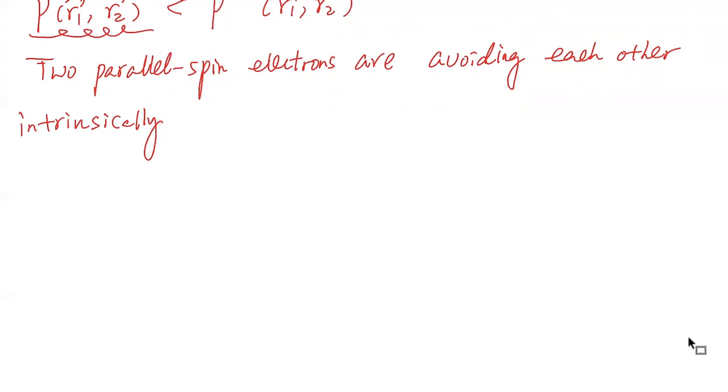However, if these two particles have spin 1/2, and they have one alpha state and one beta state, if you consider two particles with the alpha spin state, they will avoid each other. This is something intrinsic. This is not due to the Coulomb repulsion.